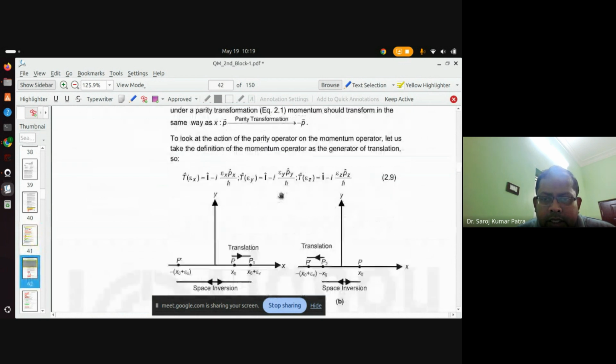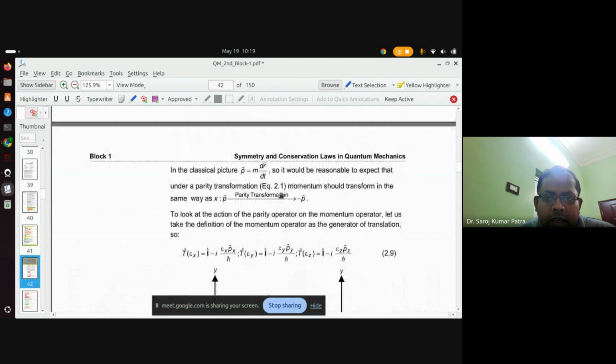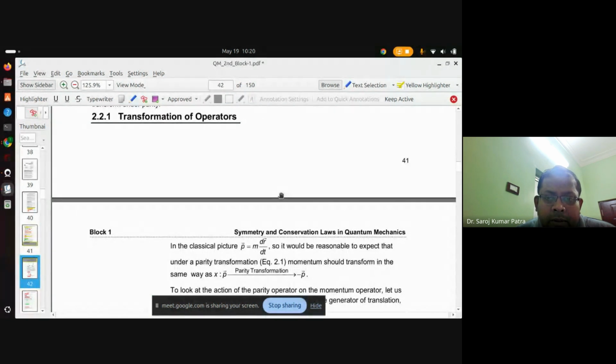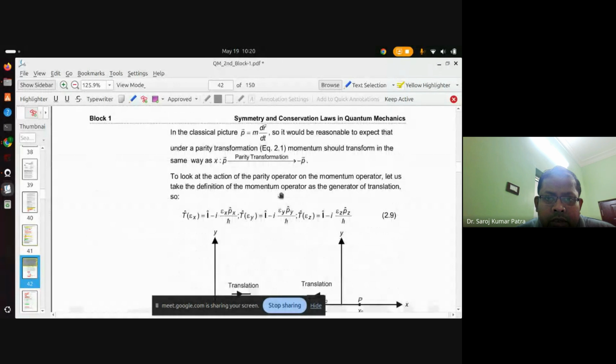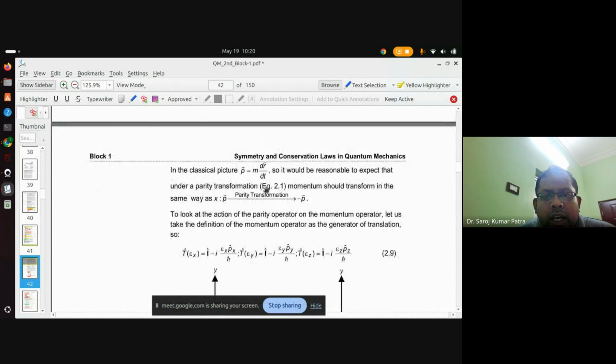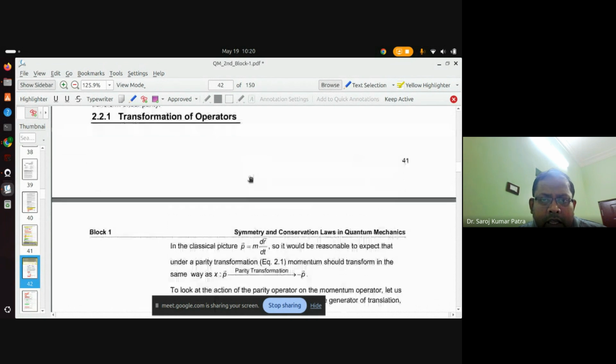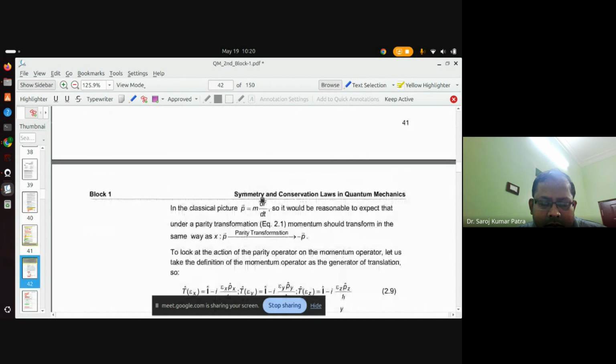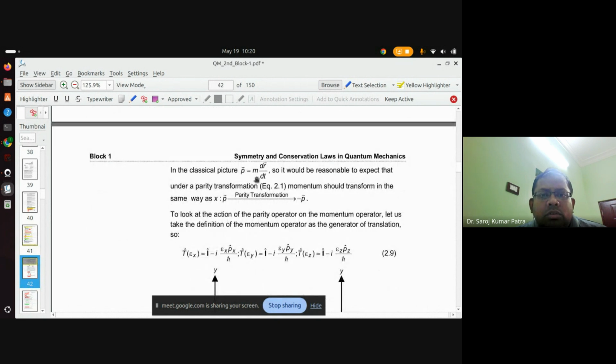Transformation operator. If we are transforming under parity, so if we look at position, what is happening is that x is going to minus x, y going to minus y, z going to minus z. So similarly, if we have any other operator, let's say momentum is equal to mass times velocity, m dr by dt.